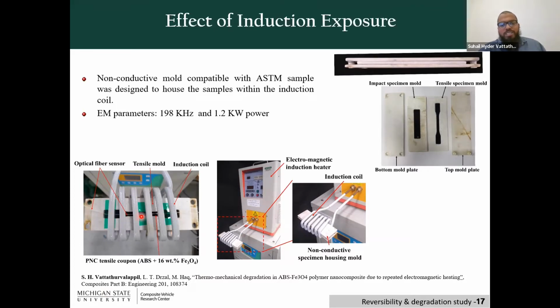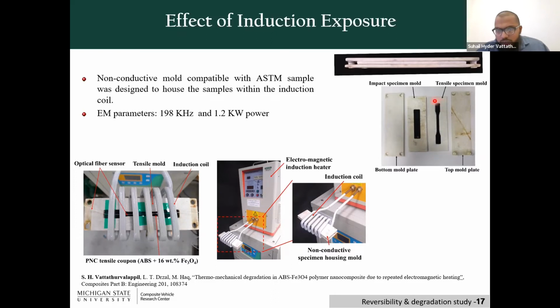And also we need to understand until what temperature this polymer can keep its integrity in terms of mechanical strength. So for that, we actually developed a non-conductive ceramic mold, and you can see the mold over here.